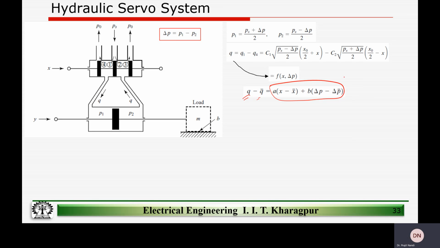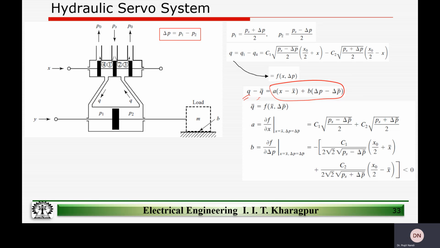So this comes from the Taylor series. If you are interested, please have a look at the Taylor series, which establishes this relation, and the coefficients A and B are given by the Taylor series expression.